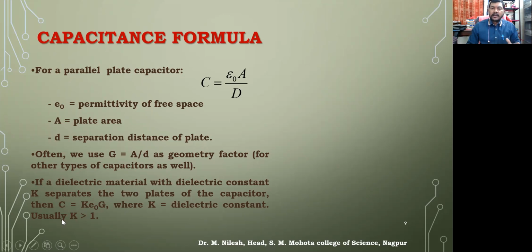Usually K is greater than 1. So that is the dielectric constant of the medium, right? That is a part of research, so it doesn't suit you. We just have to remember this definition, that is C equals epsilon A by D.